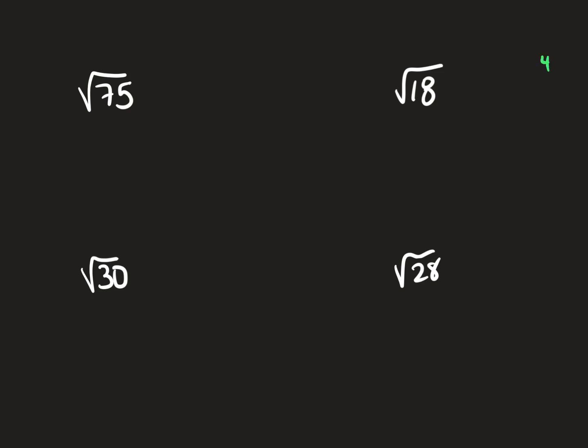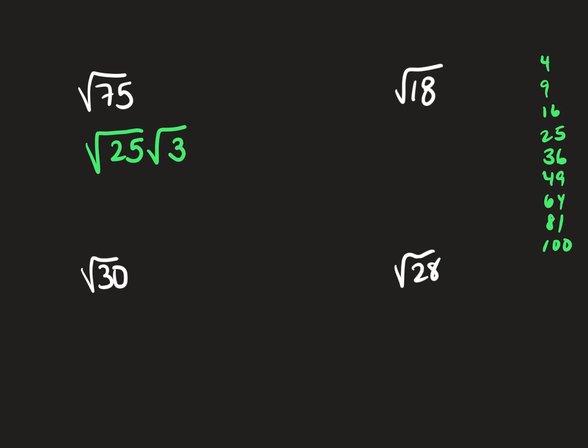So if you remember, we had 4, 9, 16, 25, 36, 49, 64, 81, and 100. So I want to know what's the biggest number on this list that would divide into 75. And in this case, I'm pretty confident it is 25. So square root of 25 times square root of 3, because 75 is simply 25 times 3.